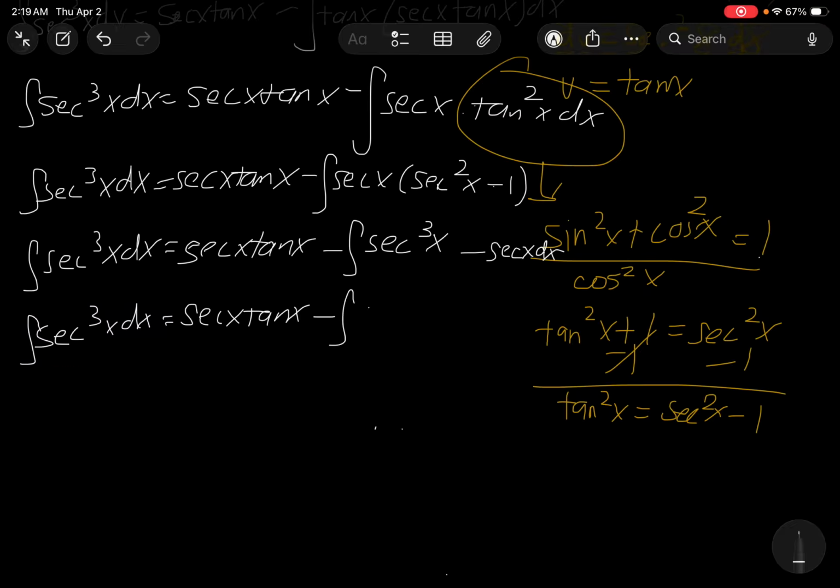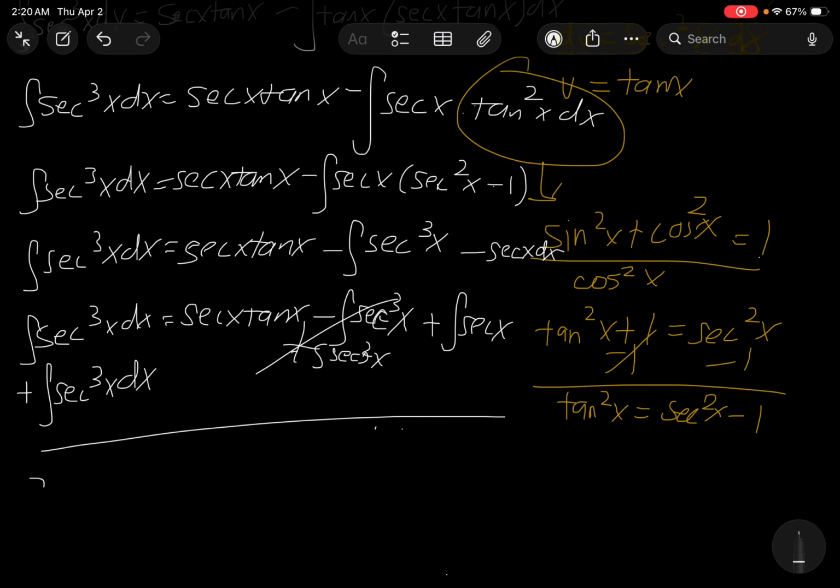So it's going to be negative secant cubed of x plus secant of x. I'm not going to put the dx for this. It's not really that significant in this problem right now. That way I can just reserve space. Now I'm going to clear this and then add that there. So it's going to be something like this. We are almost done. All we need to do is that u-sub and we are good.